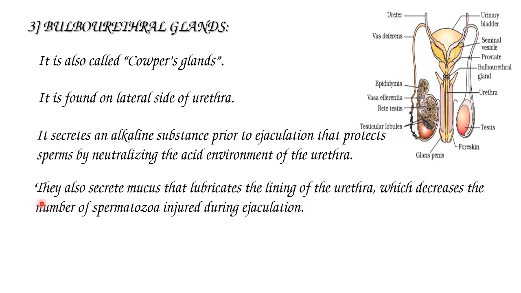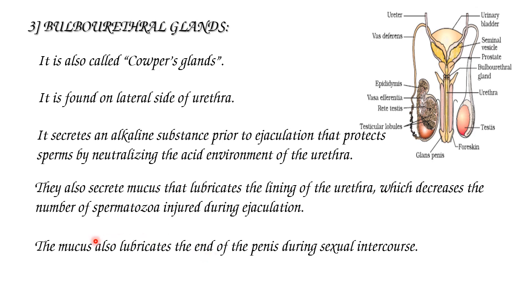The bulbourethral glands also secrete mucus that lubricates the lining of the urethra, which decreases the number of spermatozoa injured during ejaculation. The mucus also lubricates the end of the penis during sexual intercourse.